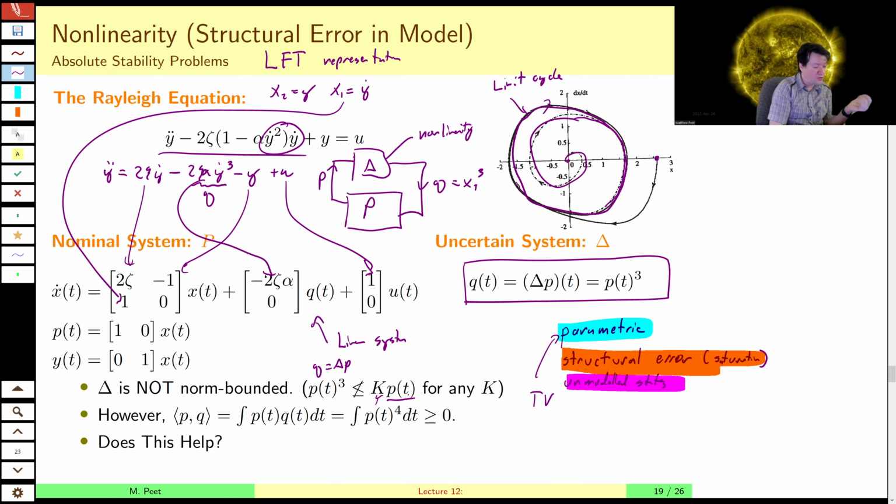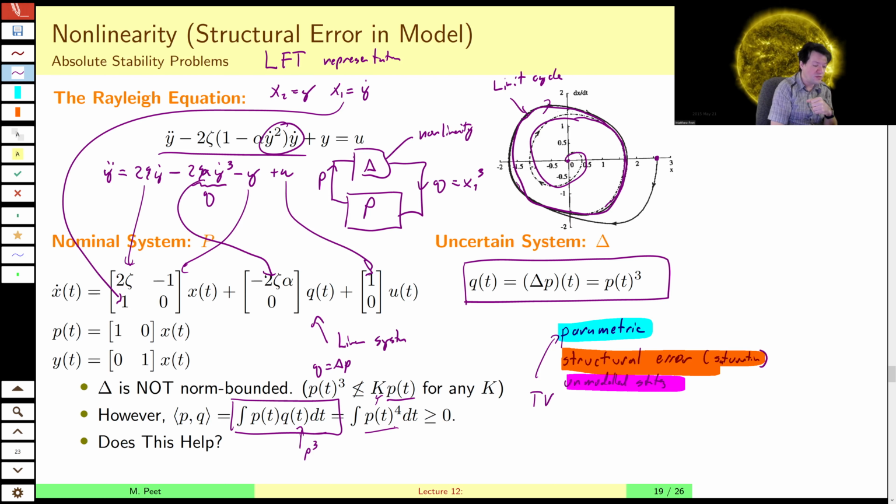So for example, we can often put nonlinearities in sector bounds. That's not what we do here, however. Well, it's sort of what we do here. It does satisfy a passivity condition, however, right? So we can look at this integral of the product of the input and the output. And the output, remember, is p cubed. So the product of the input and the output is p to the fourth, which is always positive.